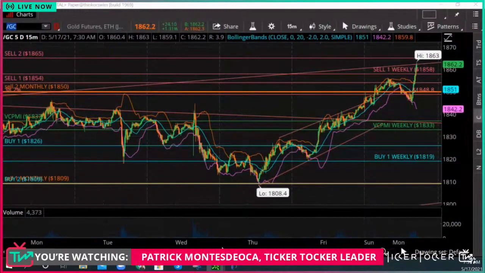$18.63 is a new high in gold. 65 is the sell two target.